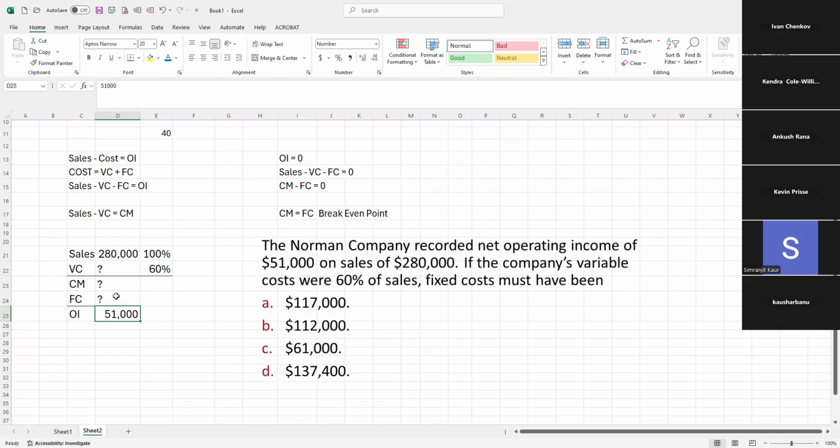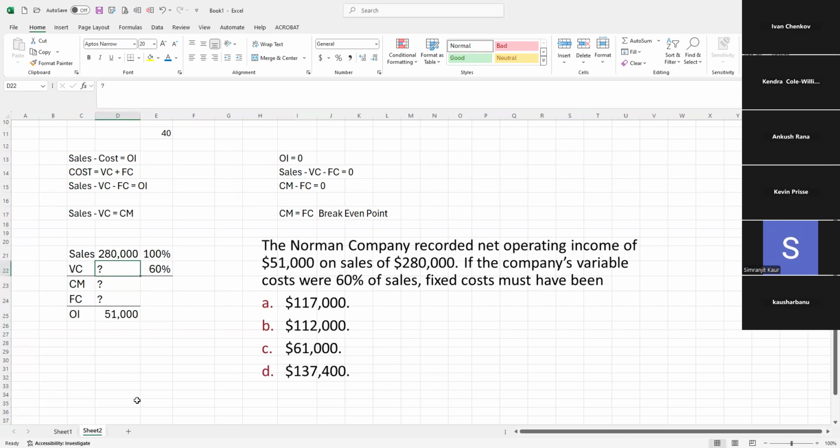So how much is the fixed cost? $61,000. Let's see if that's true.